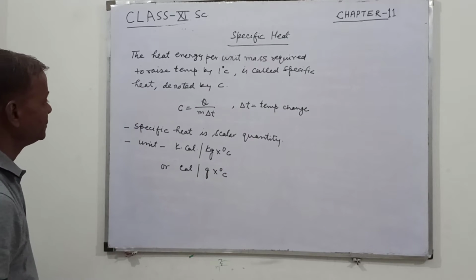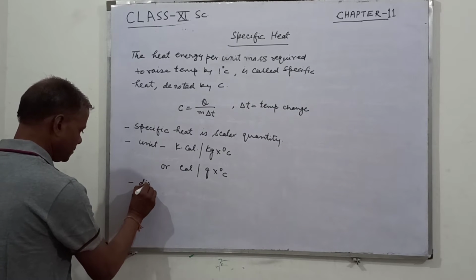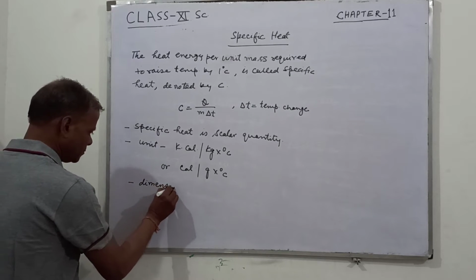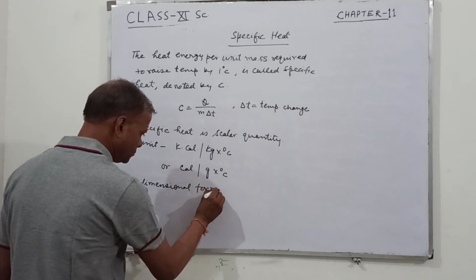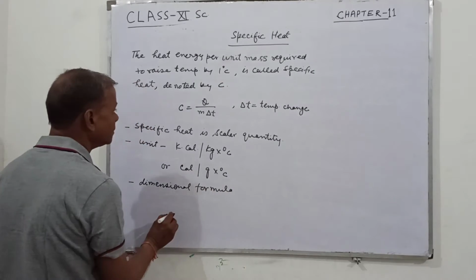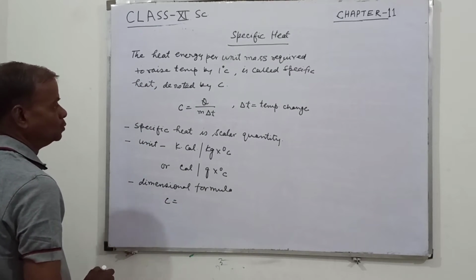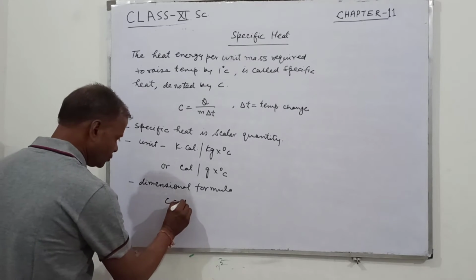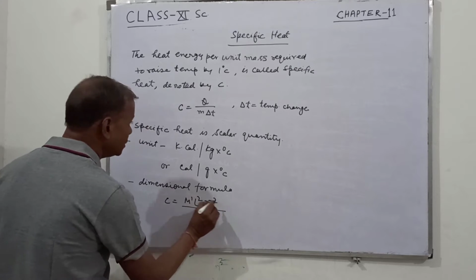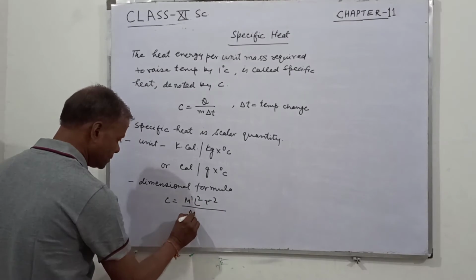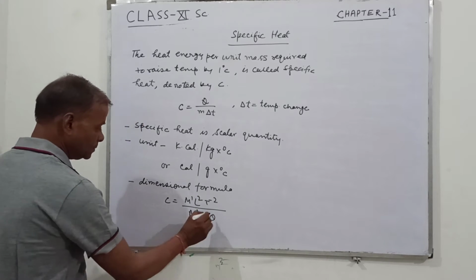Now you can have the dimensional formula. Now this C, Q, this is the energy, so this is M1 L2 T minus 2, upon mass M1 and temperature, which is theta 1.